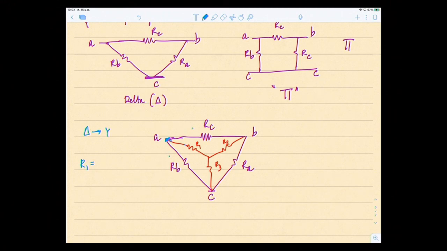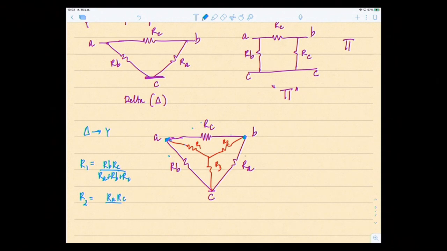So I multiply those together, RB times RC, divided by the sum of all the R's in the delta, RA plus RB plus RC. Where's R2? R2 is right here, connected at terminal B, and it's connected to RC and RA. So you multiply these together.